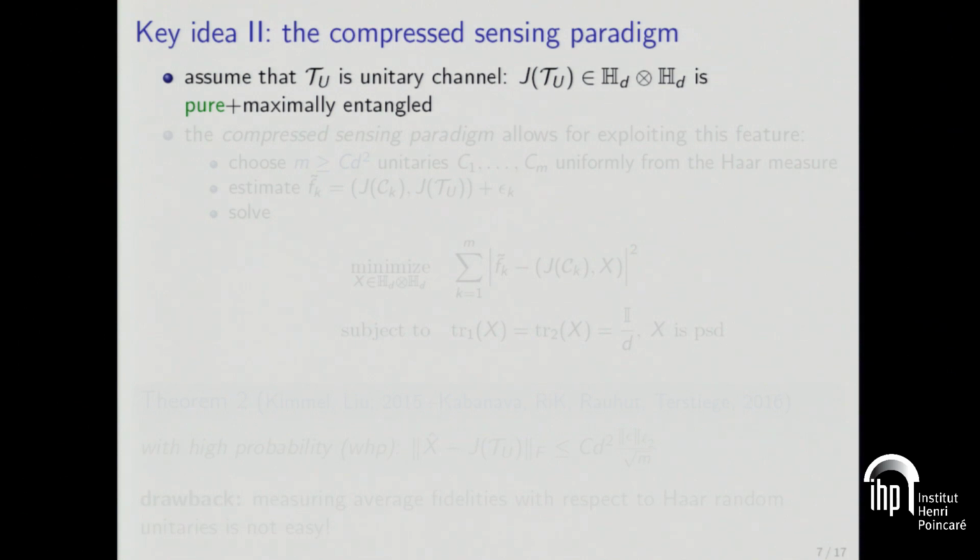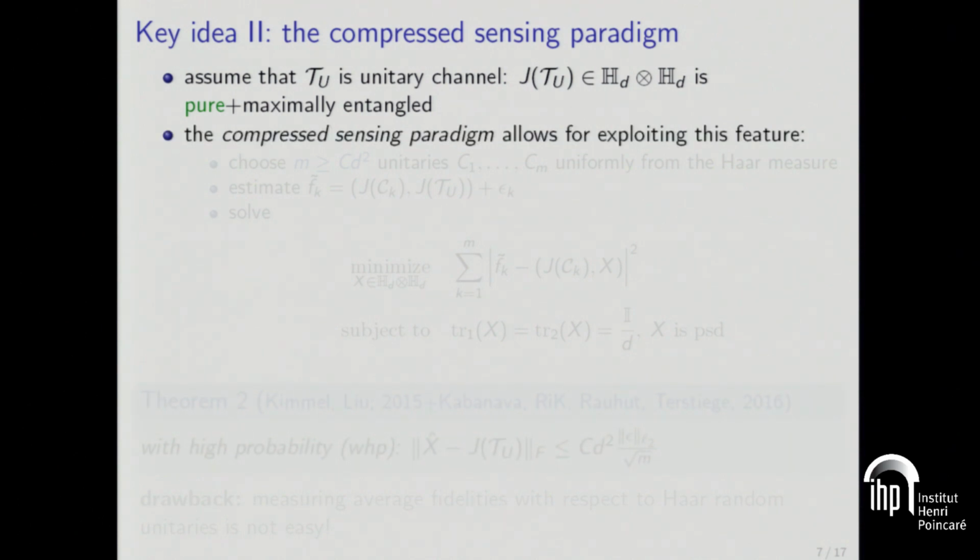You can't penalize rank because it's a non-convex function, but it still tells us that the model is very limited. There are not so many matrices that can have rank 1. And the compressed sensing paradigm allows for exploiting this feature in an unsupervised way. So you can promote this purity assumption without actually having to know the eigenbasis of the matrix or where the matrix actually is.